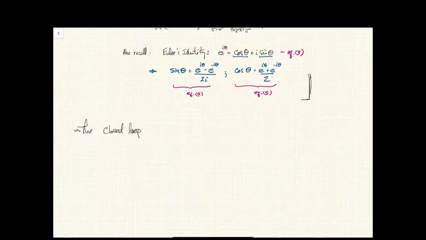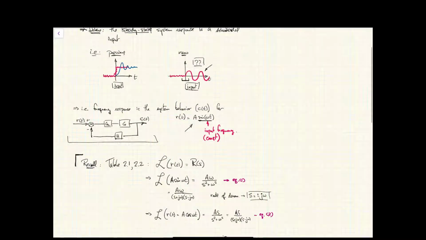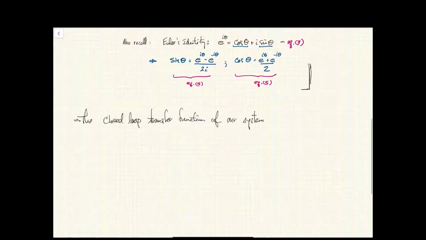The closed loop transfer function of our system, which is the system we had above right there, we're going to denote as G_CL for closed loop.